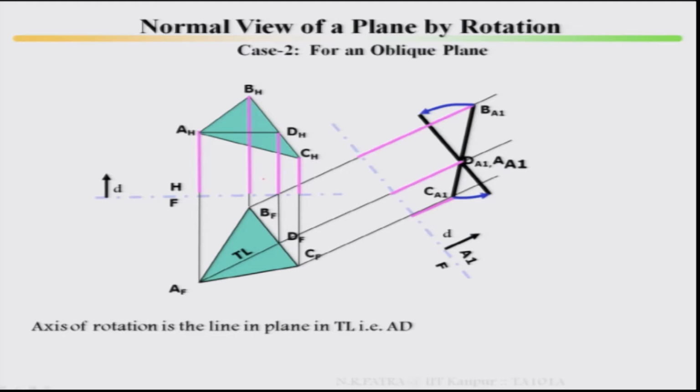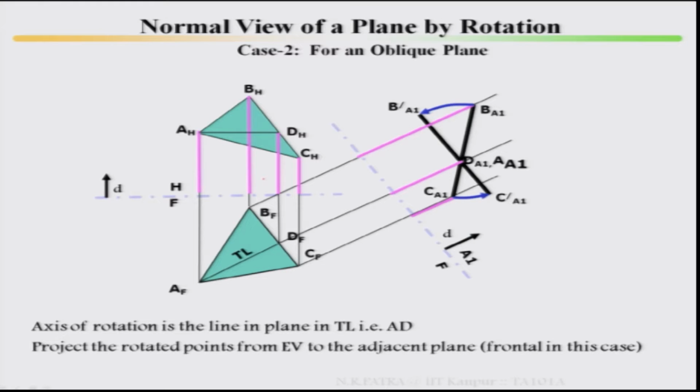Once it has been rotated, you get the edge points C prime and B prime. Then project the rotated points from the edge view to the adjacent plane. This is your BF prime, this is your CF prime.